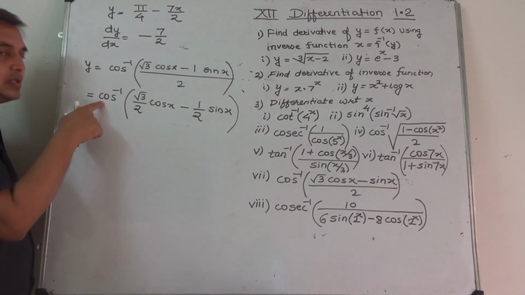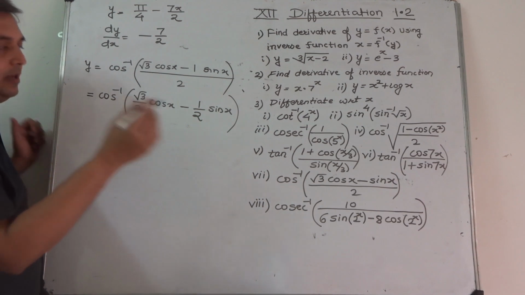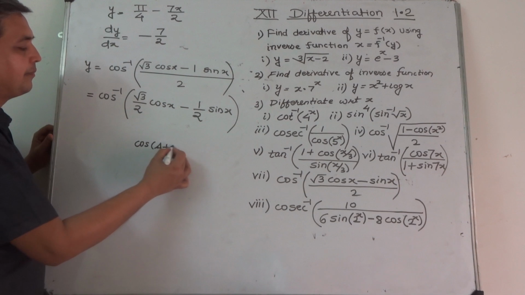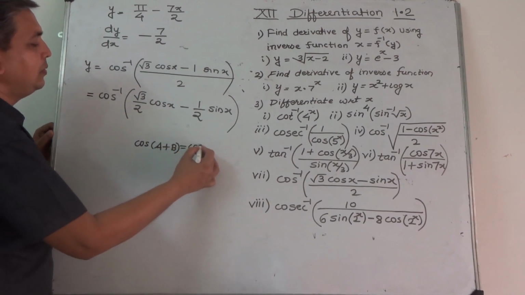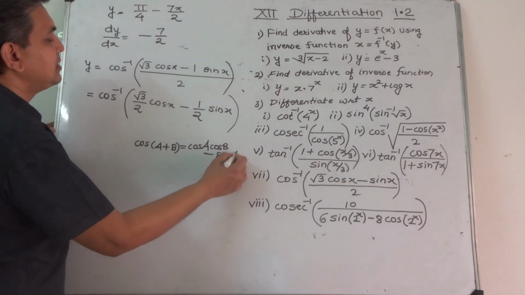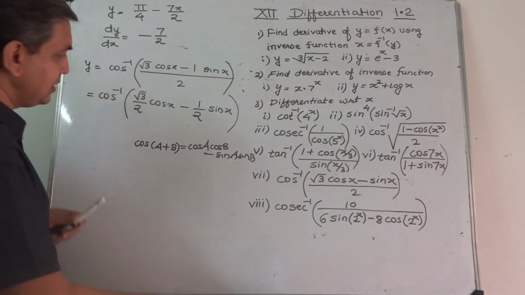Now since this is cos inverse, we would like to convert this in terms of cos, and we know the expansion cos of a plus b is equal to cos a cos b minus sin a sin b. Again we need trigonometry formulas.